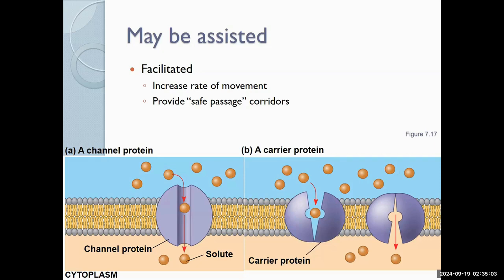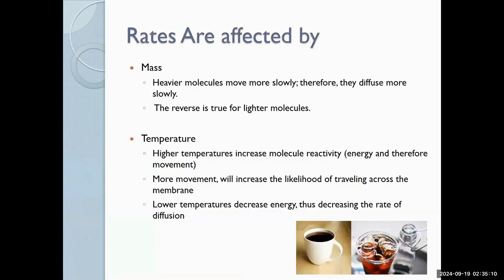Not only can the plasma membrane distinguish what should move across, but it has a role in how quickly something will move across. The rate of movement will be affected by mass. Heavier molecules move more slowly than smaller molecules. Rate will be affected by temperature.